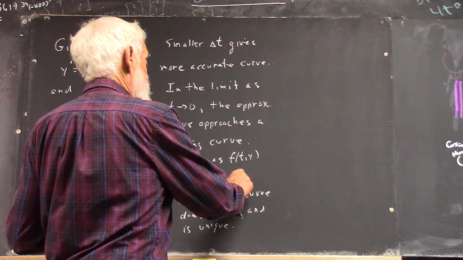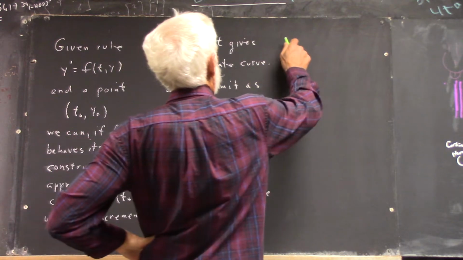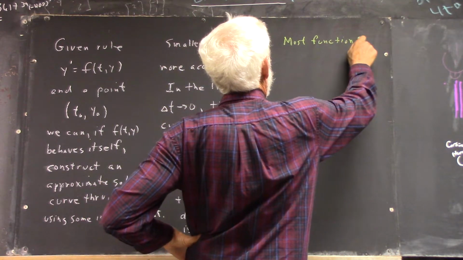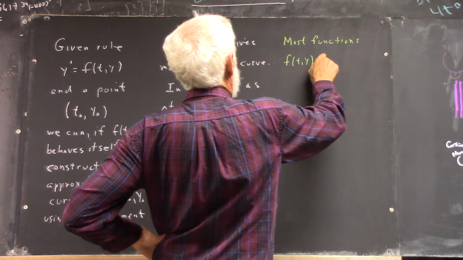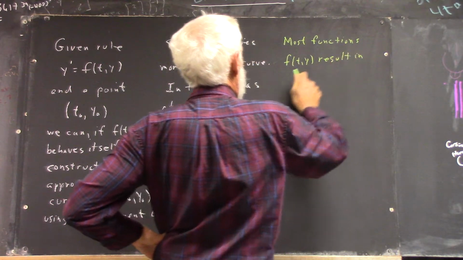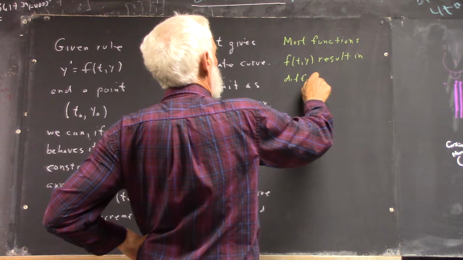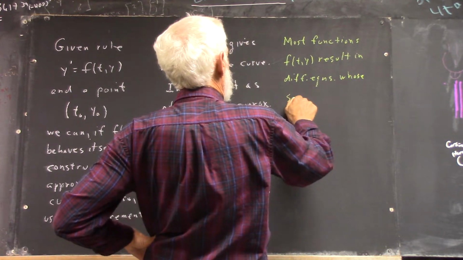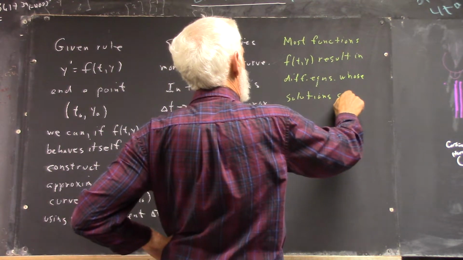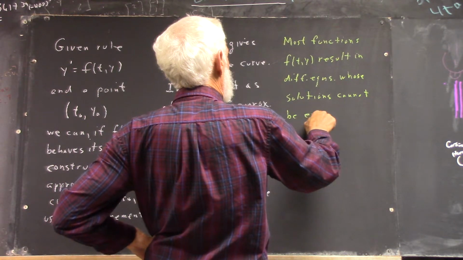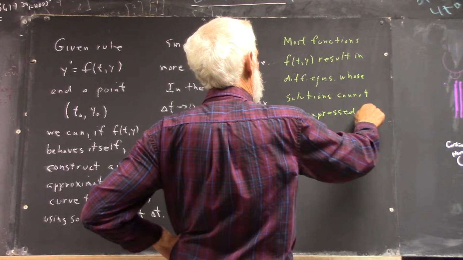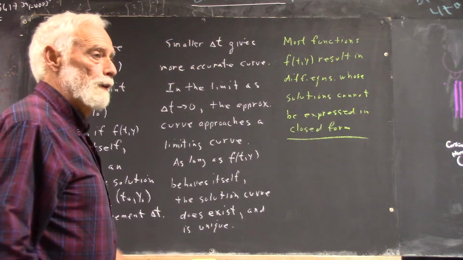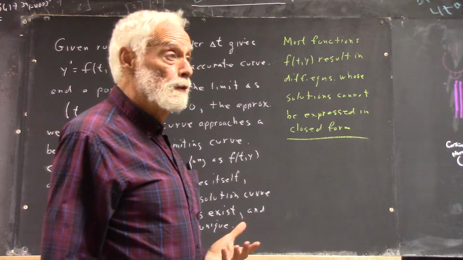And another thing that we want to be aware of is that some f of t, y result in differential equations whose solutions cannot be expressed in closed form. If I just pick out any old function f of t, y, there exists a solution. We just can't write it down.